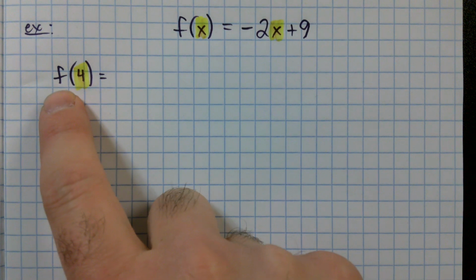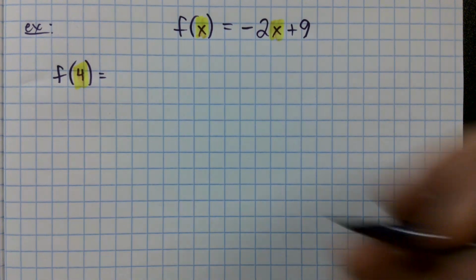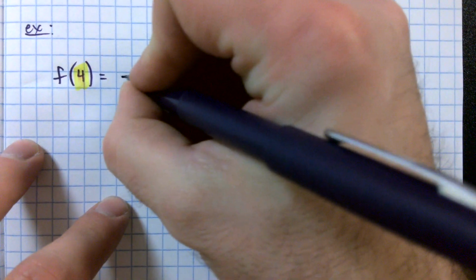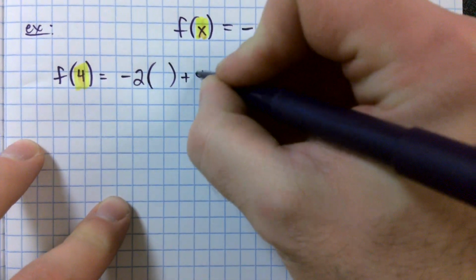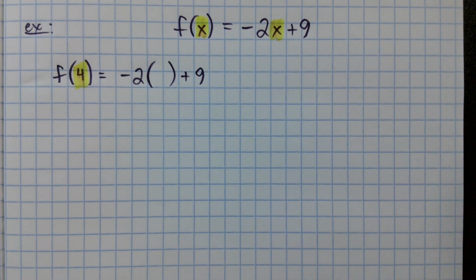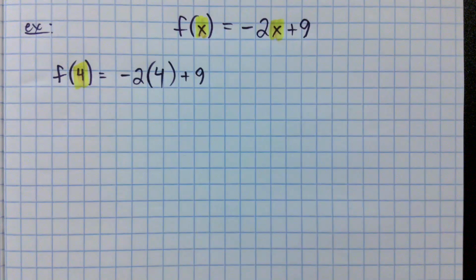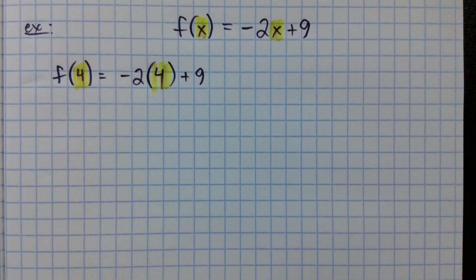But we're writing it as f of 4, which is equal to negative 2 times, I'm going to take out my x, plus 9. What am I going to write in place of that x? 4, because it's f of 4.